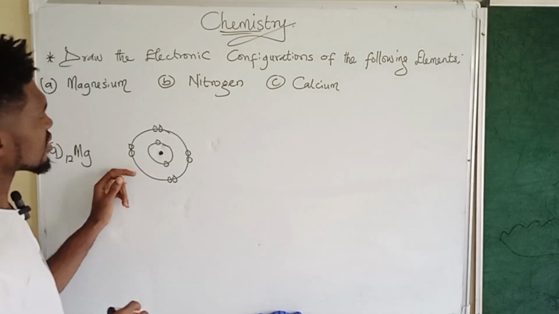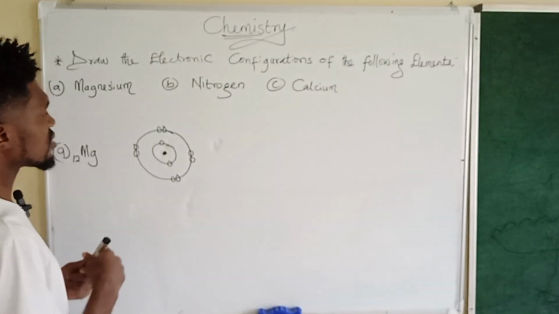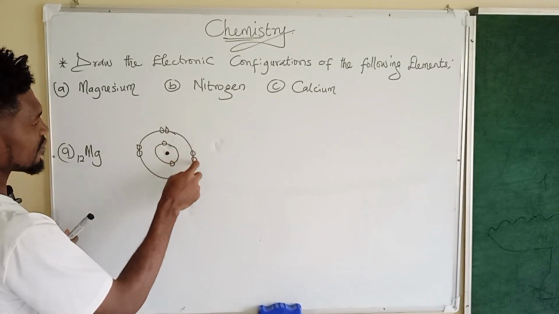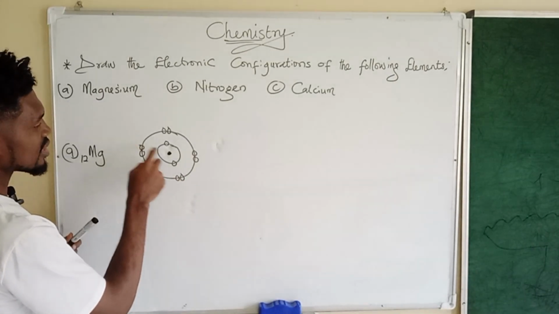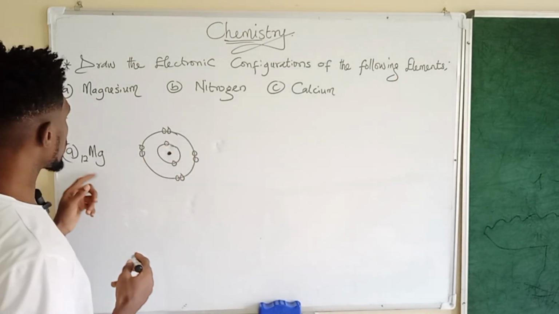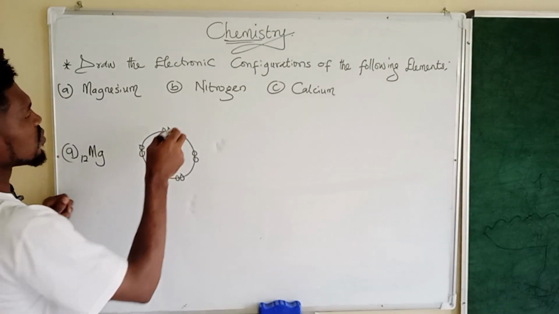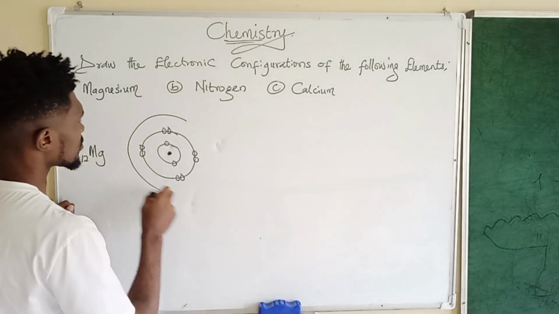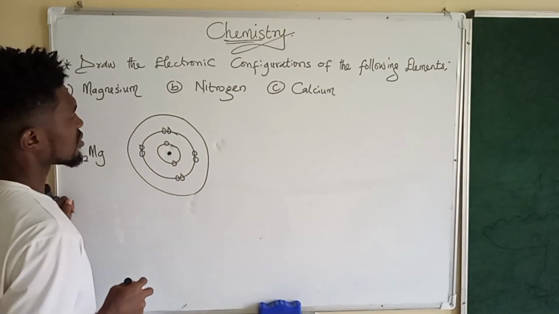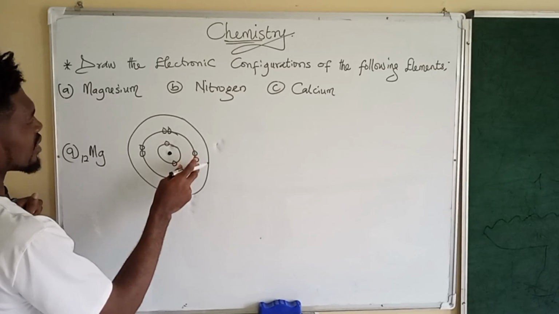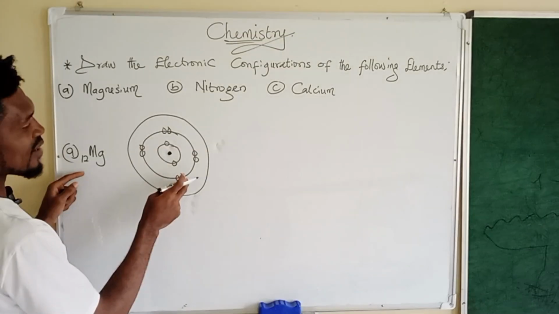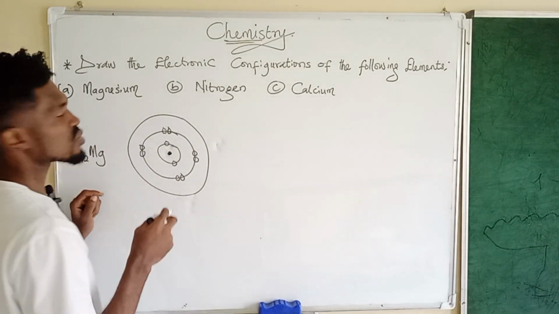So this is 8, 8 plus 2 inside. Let me count it: 1, 2, 3, 4, 5, 6, 7, 8, 9, 10. And we are going to 12, right? That means you need to add another shell. So 12 minus 2 is 10, right? That means you have to add additional 2.